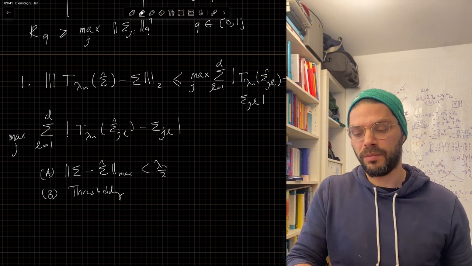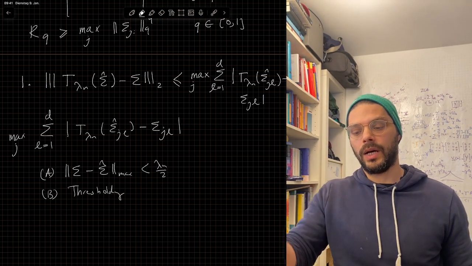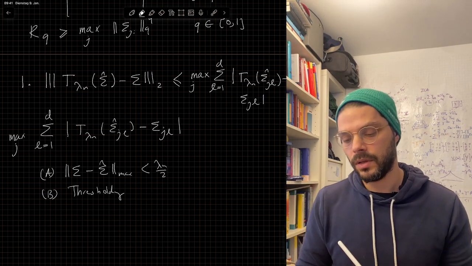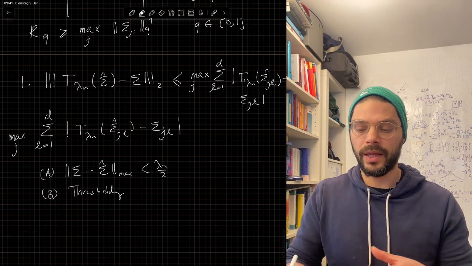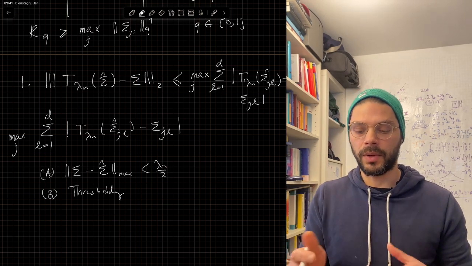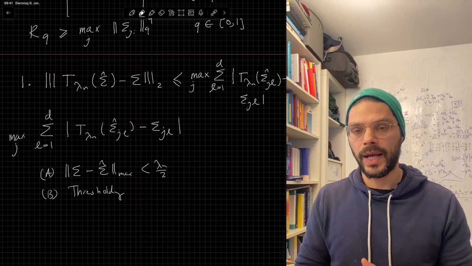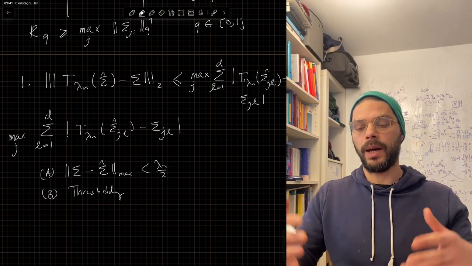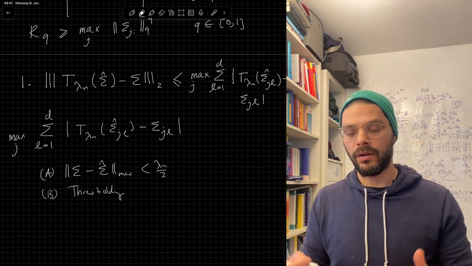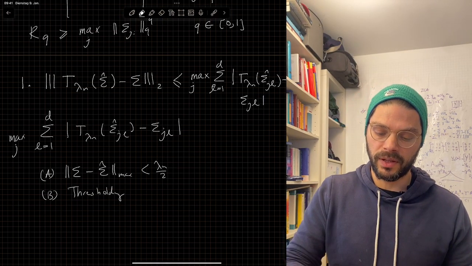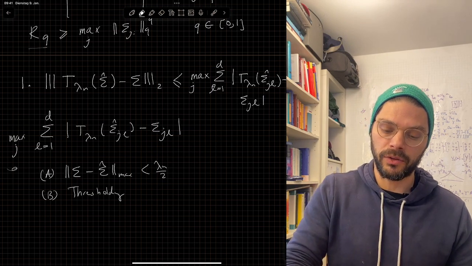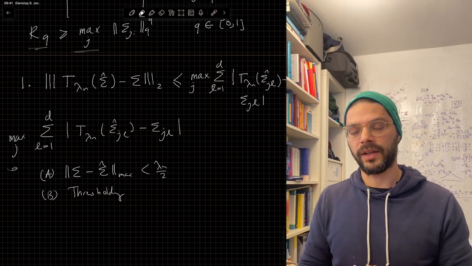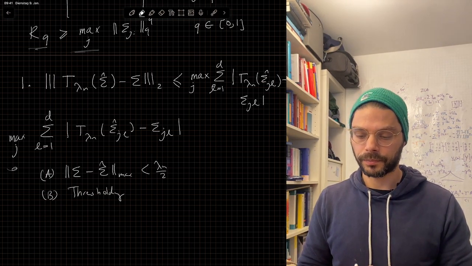So we're going to split up this sum into two components over subsets of the columns, for which we can apply these facts to get some kind of bound on this maximum. Then we're going to bring in this RQ quantity to essentially make that bound independent of the rows. In some sense, we're moving this maximum into RQ, because RQ already has the maximum built into it.